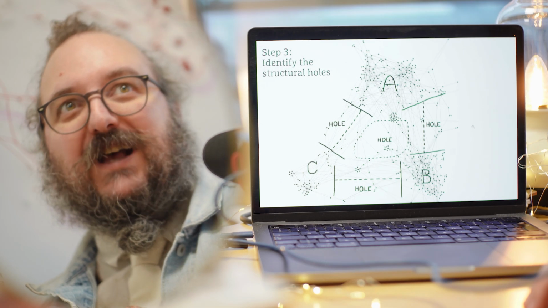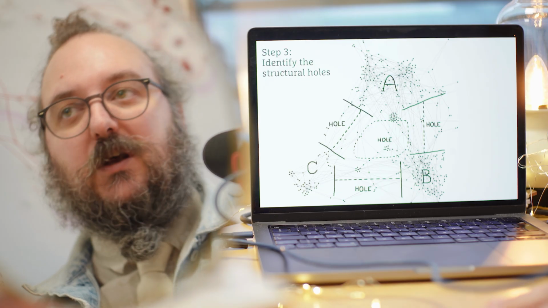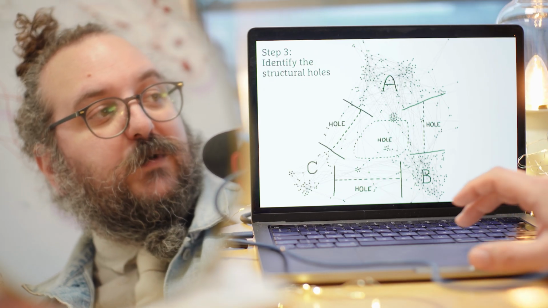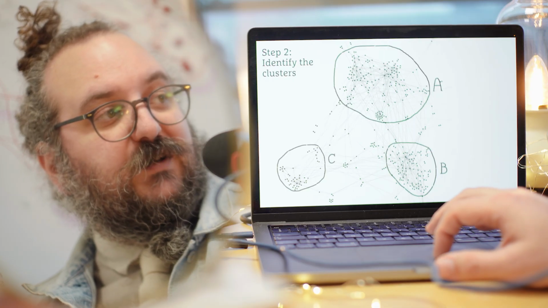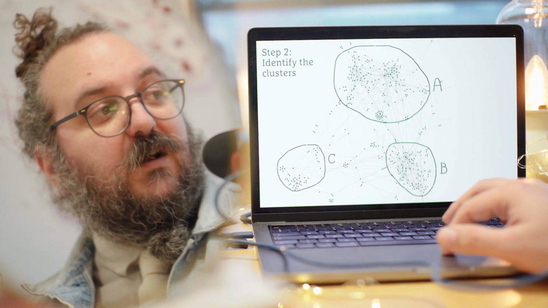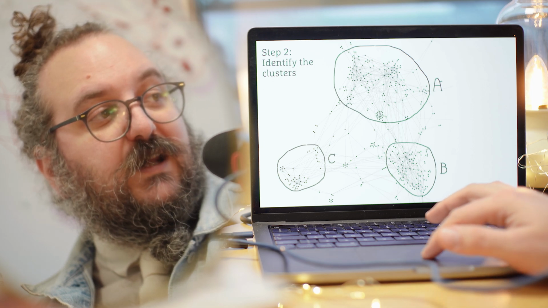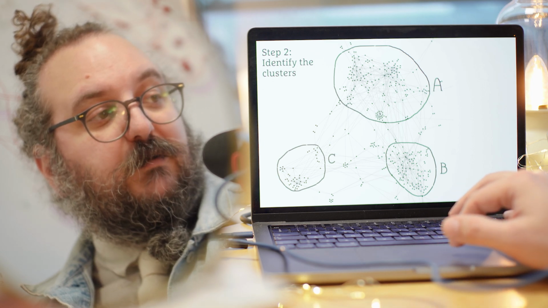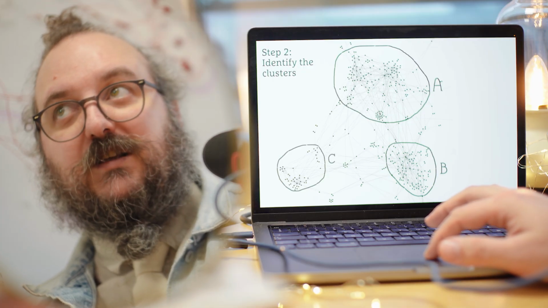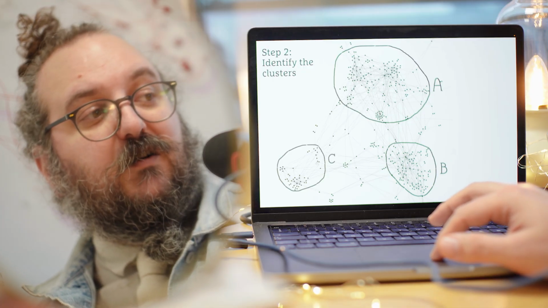Why do I ask to identify the structural holes? Because they are good things to interpret. The same way, let me go back to the previous step, we have A, B, and C, and this leads to questions such as, why are the nodes within A together? Why are the nodes in B together and C together? What makes them more connected with each other than with the nodes in another cluster?